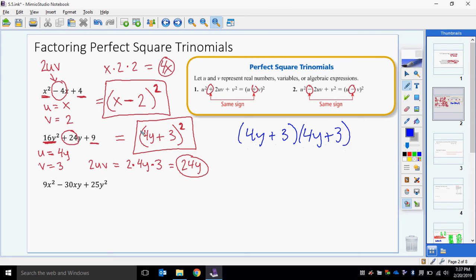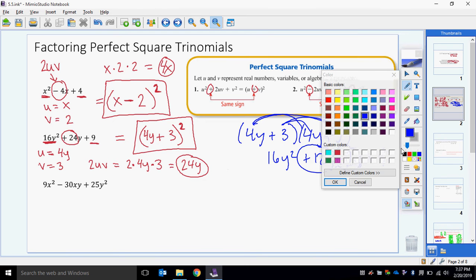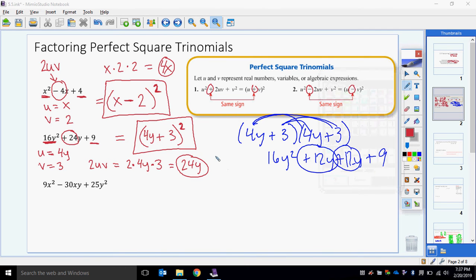Would I get back to this original trinomial if I FOILed? Well, hopefully, if I did it right, I should. And it looks like I most certainly would after I combine like terms. So go ahead and see if you can try the last perfect square trinomial.